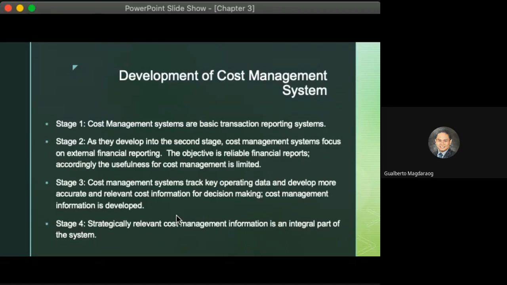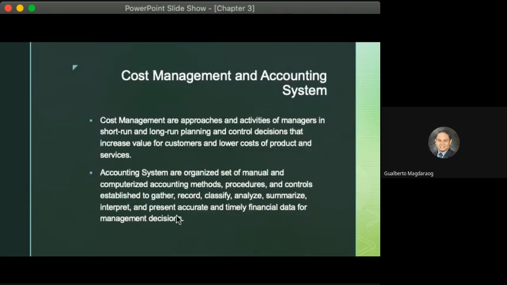Maski yung pagsagot sa customer, kasama yan sa cost management information system natin. Kasi pagka hindi ka marunong makipag-usap, mawawalan ka ng customer. So pati yun, tinitrain yun sa mga employees natin.